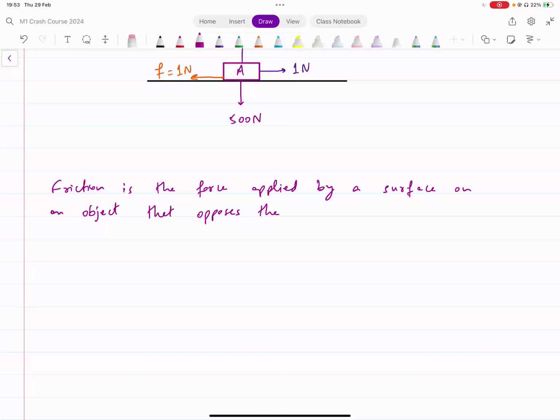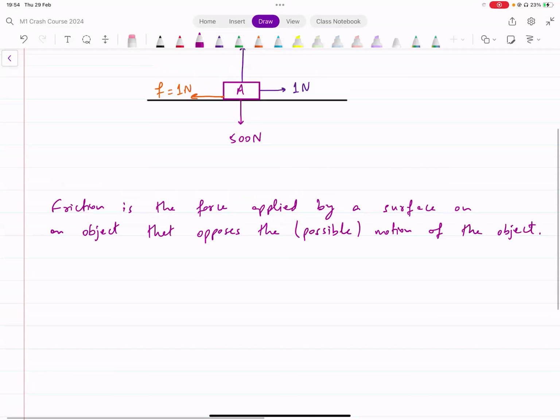And in this case, it's not really moving as such, so we can say it opposes the possible motion of the object.